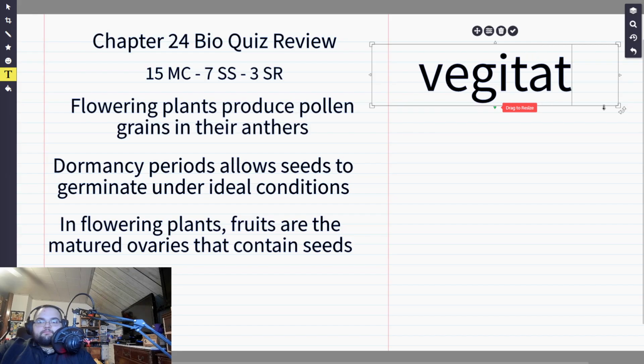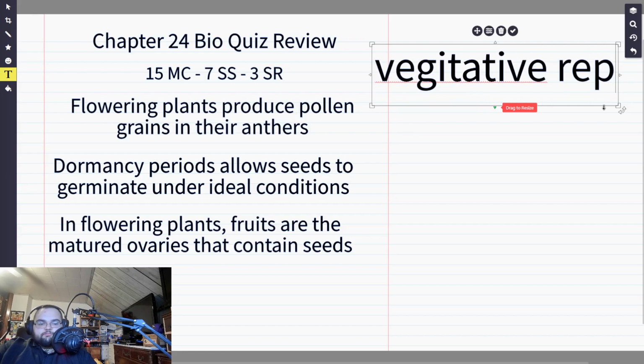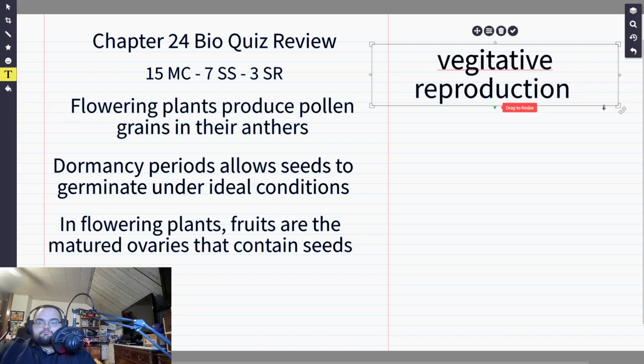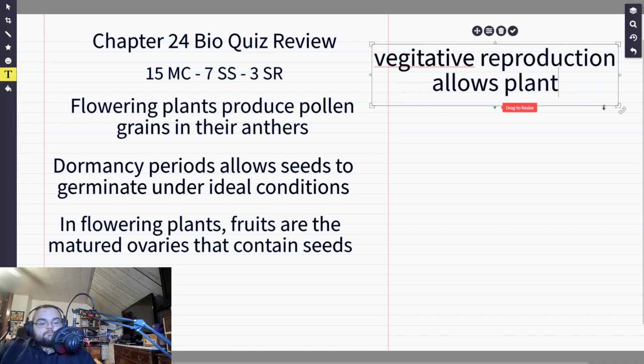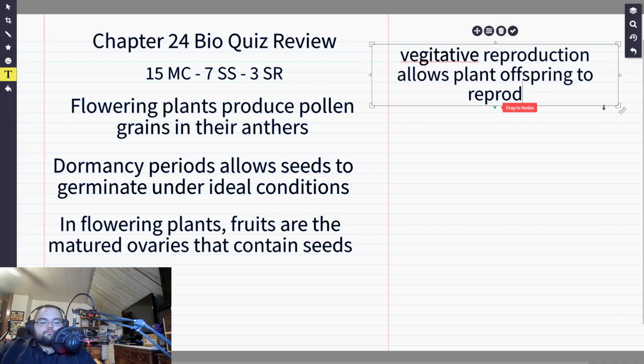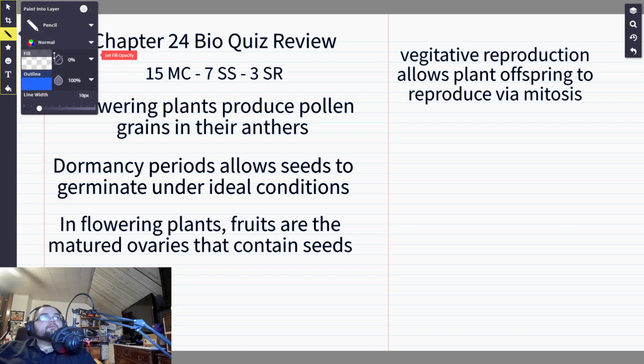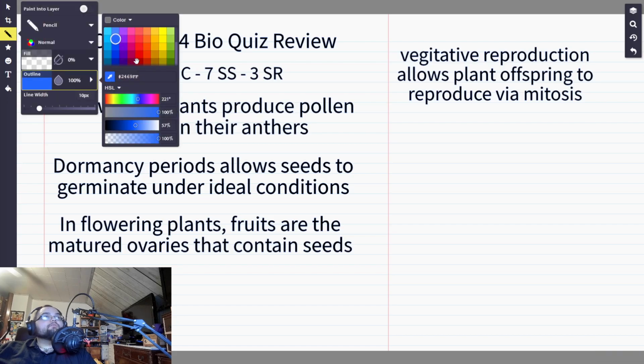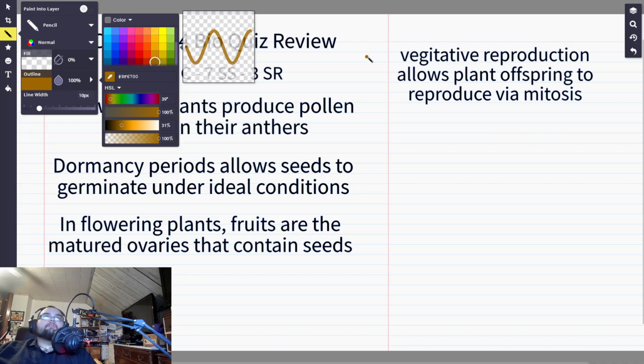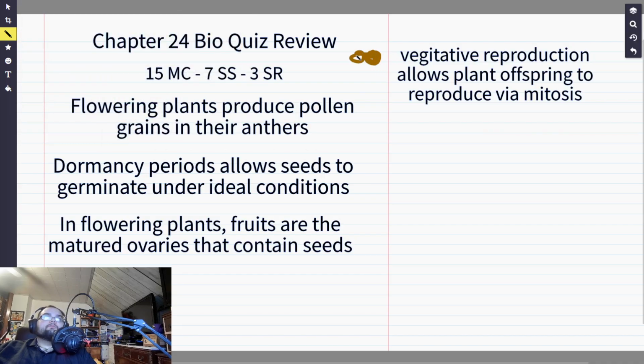Vegetative reproduction allows plant offspring to reproduce via mitosis. What does this mean? Well, let me take a little, do we got brown? This is kind of like a brown. So we take a potato, right?